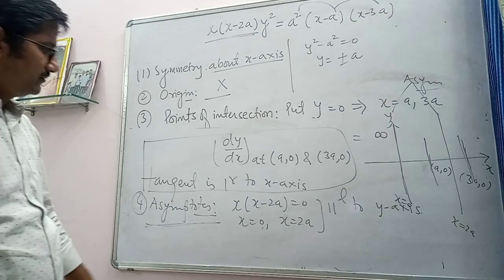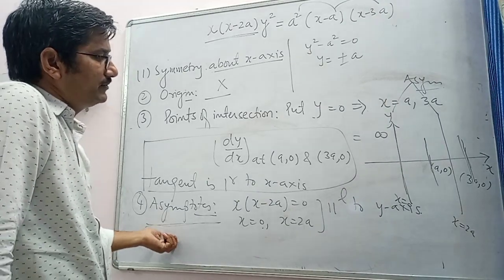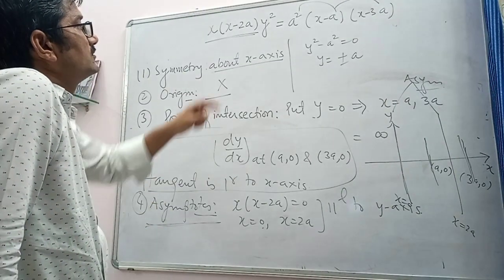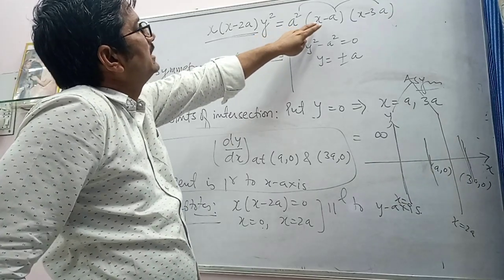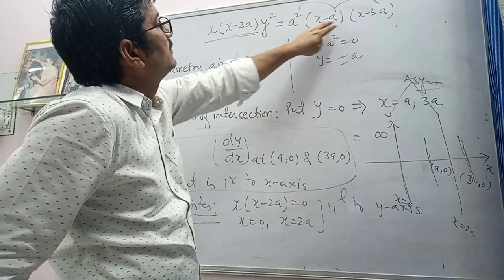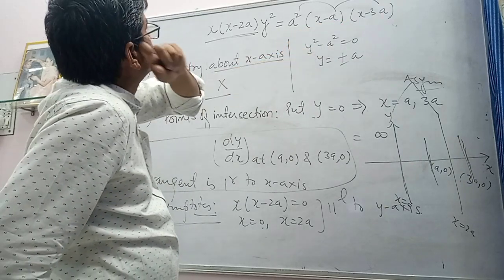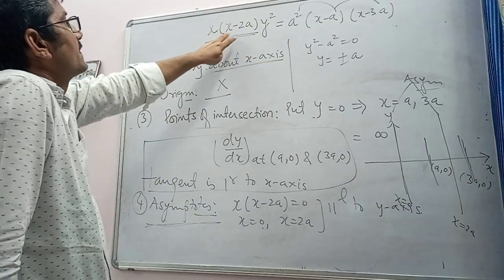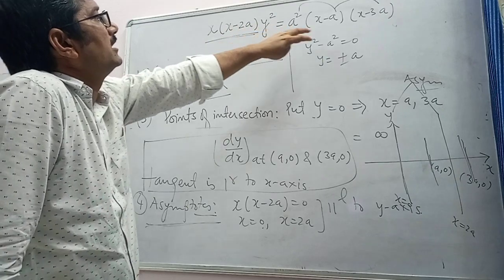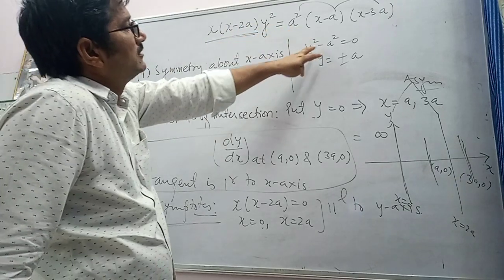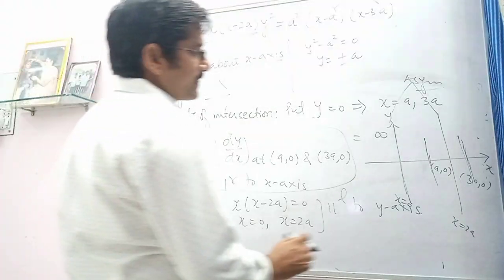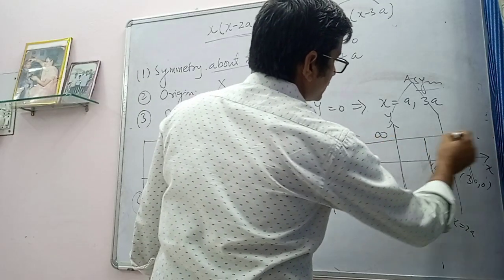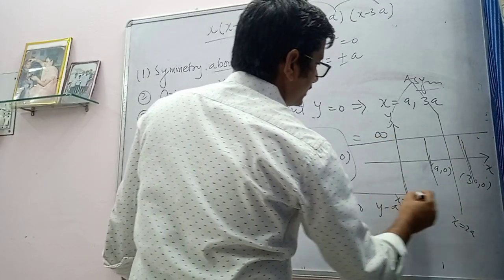If we want to check the asymptotes parallel to the x-axis, we equate to 0 the coefficient of the highest power of x. From here the coefficient of the highest power of x is a², from here it is y². Bringing it to the left side, y² − a² = 0, so y equals plus or minus a. y equal to plus a is this line, and y equal to minus a is this line.